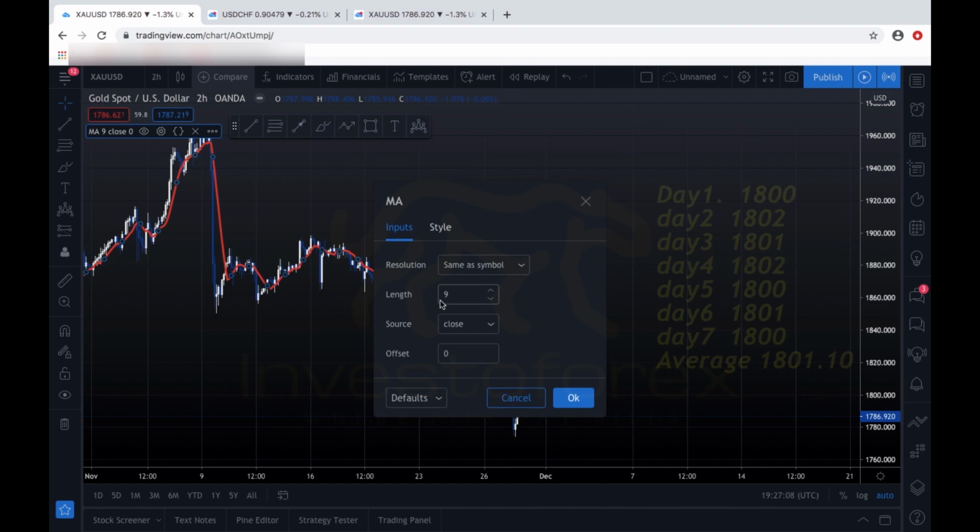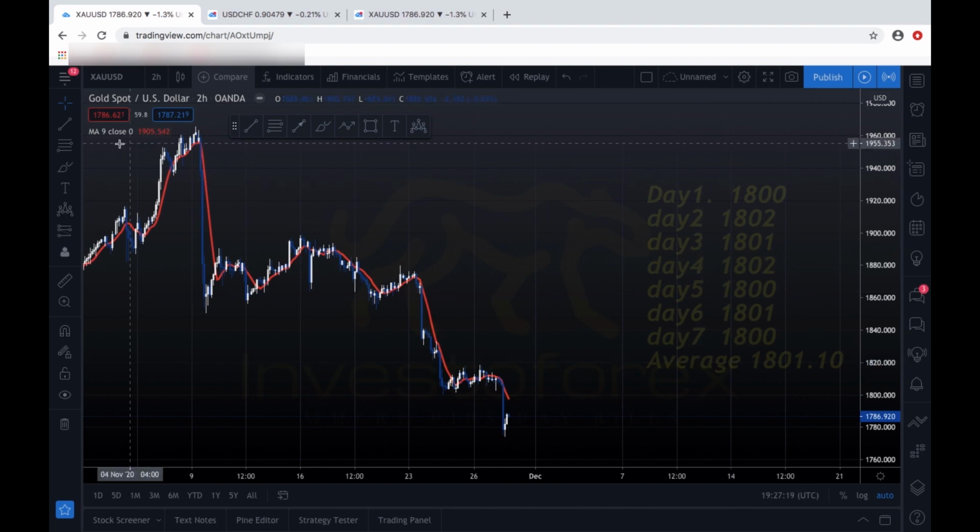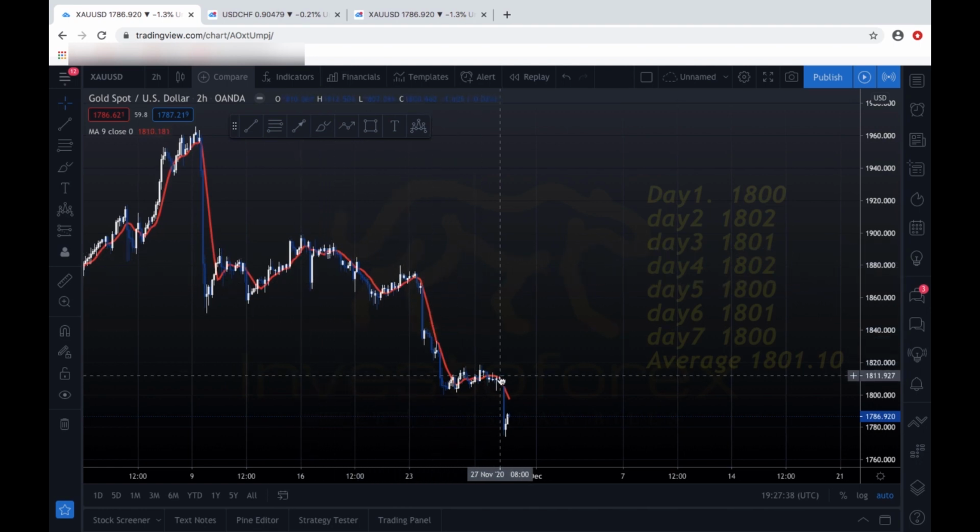Now the number 9 under the length is the number of days. So here we have a moving average of 9 days. This red line is the moving average of the 9 days, similar to the example that we showed before. Whatever time span you choose, its moving average will form along these candles. As you can see here, the formation of the moving average along 9 days of candles.